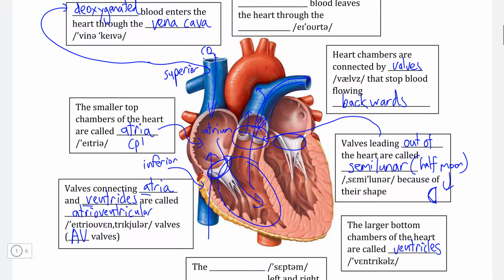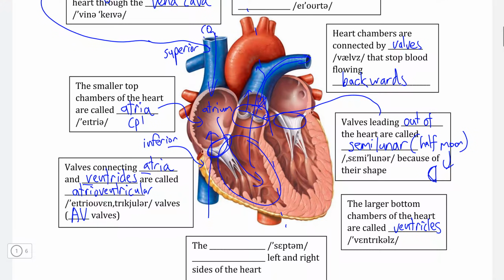Now, the final structural piece of the heart that we need to identify is that the heart is not actually symmetrical. We can see that there is a right half here, so this is actually the right side of the heart, and this is the left side of the heart here. So this is a little bit mind-blowing because, again, the right side of the heart is on the left side of this page, and the left side of the heart is on the right side of this page.